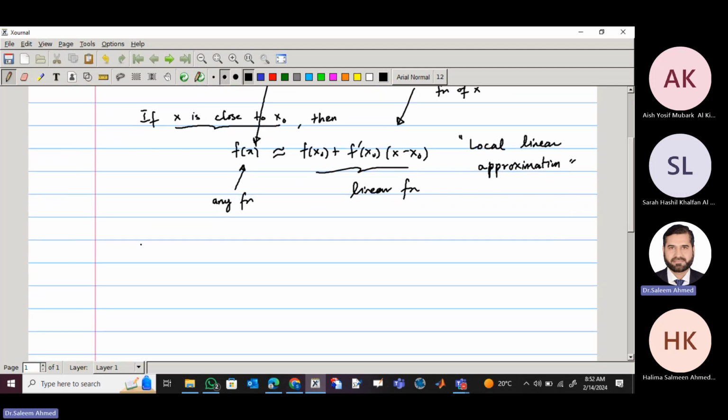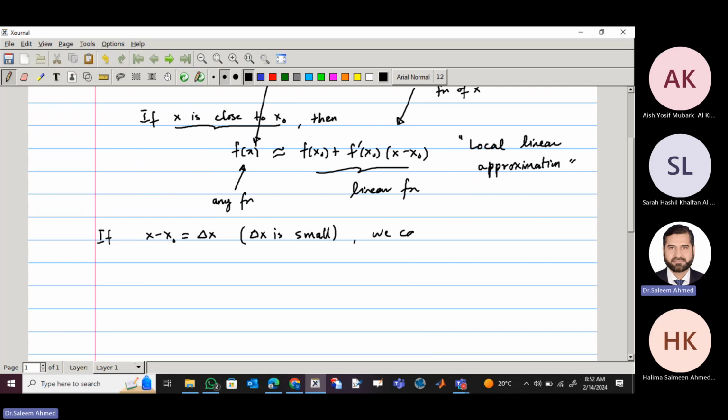We can also write, because x minus x naught is the distance of x from x naught, let x minus x naught be delta x, where delta x is small, right? Because when x is very close to x naught, delta x will be small.